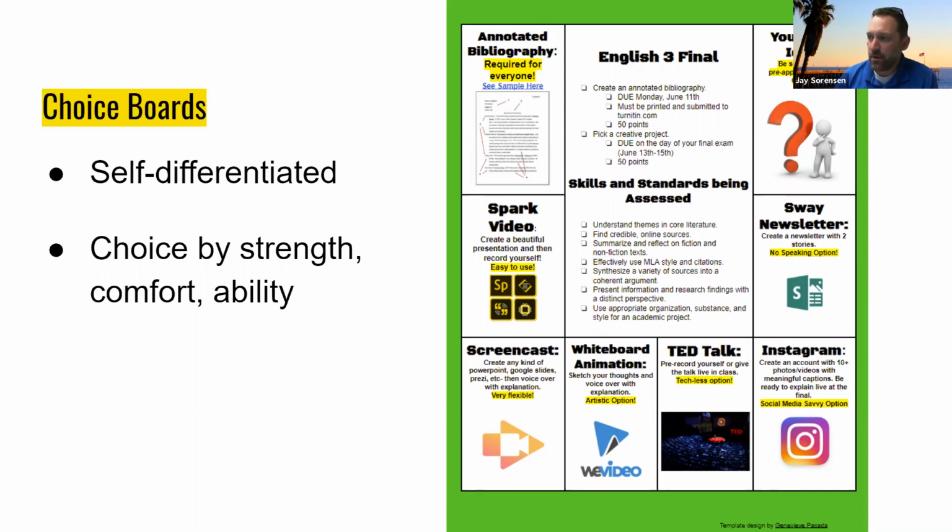This one, as the teacher highlighted, has some that are easy to use, more artistic, for people that are into social media, people that maybe struggle with tech. So they can choose by what their interests are, what their areas of strength are, what their abilities are. But again, just giving students lots of choice. And this was one that one of our high school teachers did as their English final.